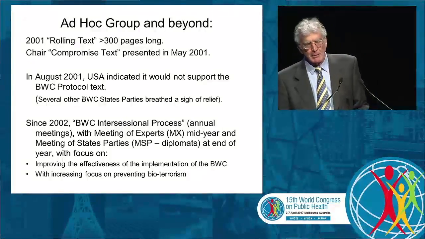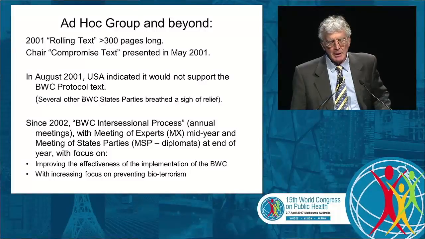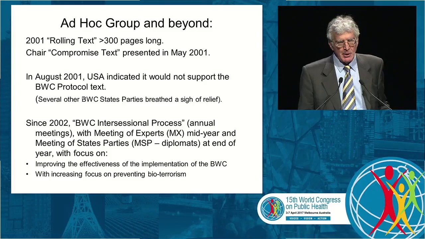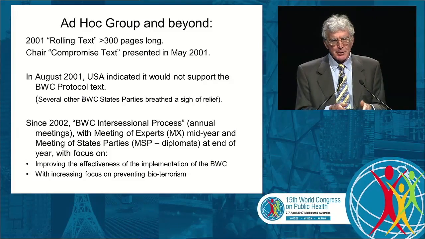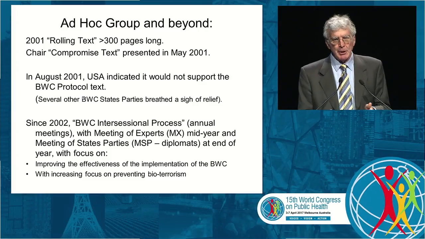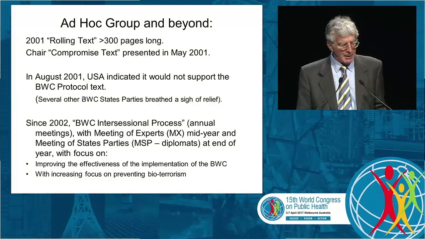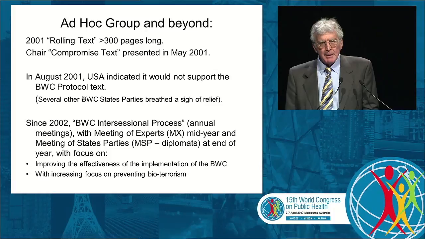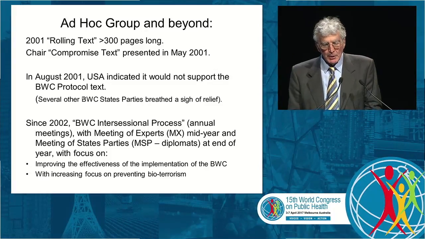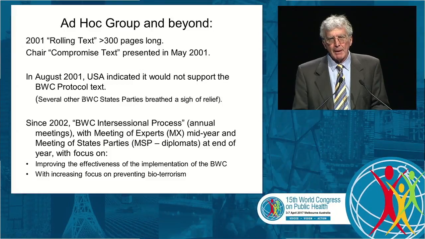We developed a rolling text, a draft treaty, in August 2001. This wasn't long after George Bush II came to office. Washington decided it didn't want this protocol, so it basically shafted it. And then after that, a different process commenced called the intersessional process.